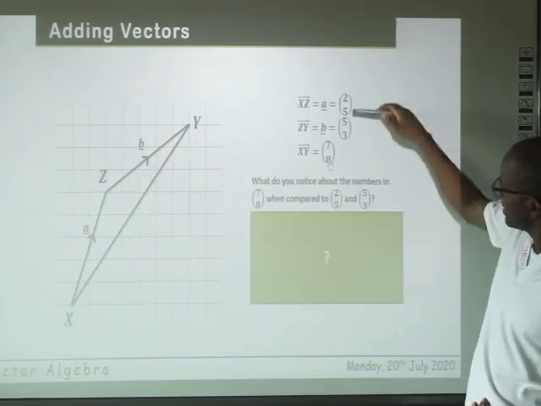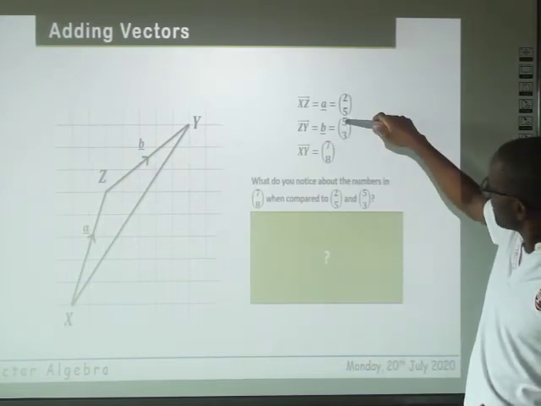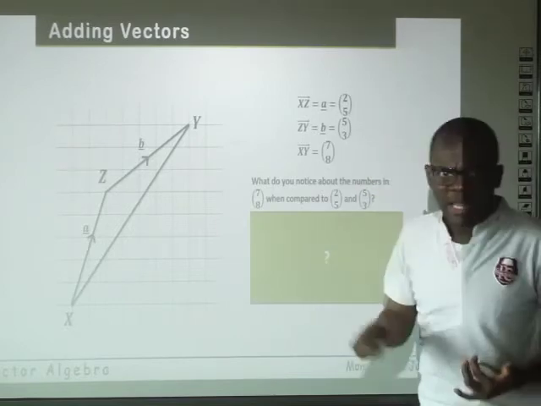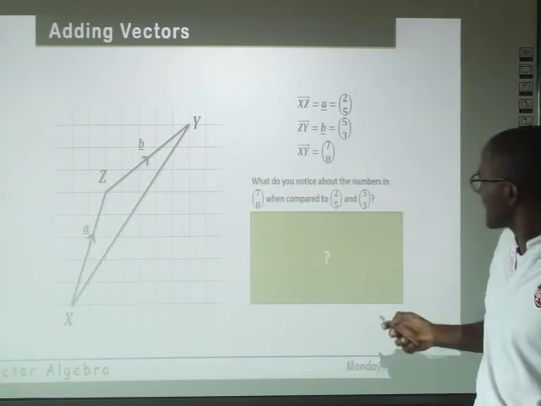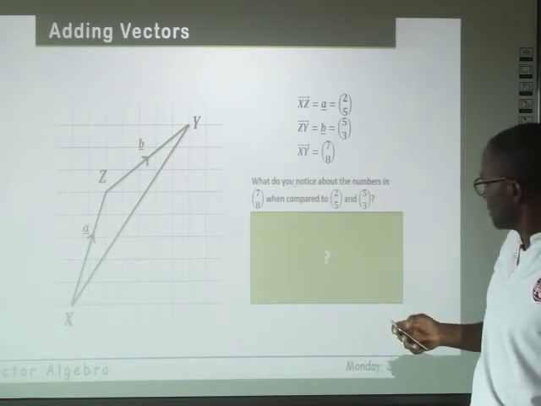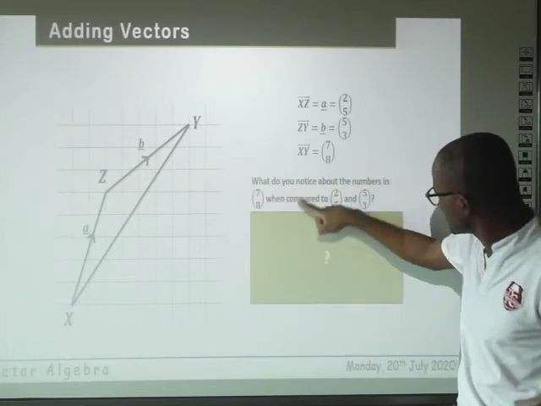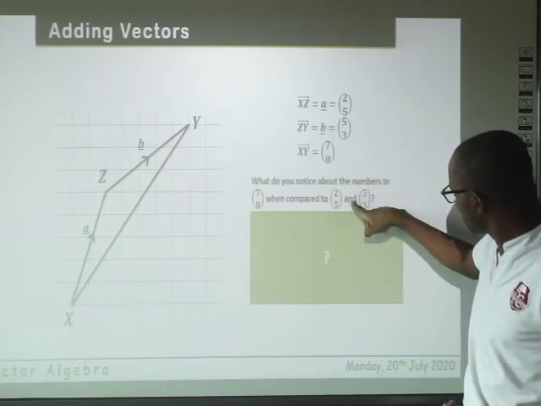That's what you get. 7 and 8, because 5 plus 2 gives you 7, and then 5 plus 3 gives you 8. Well, I don't want to write it because I would need to select the pen, though, if I want to write. But what do you notice about the numbers in 7, 8 when compared to 2, 5, and 5, 3?